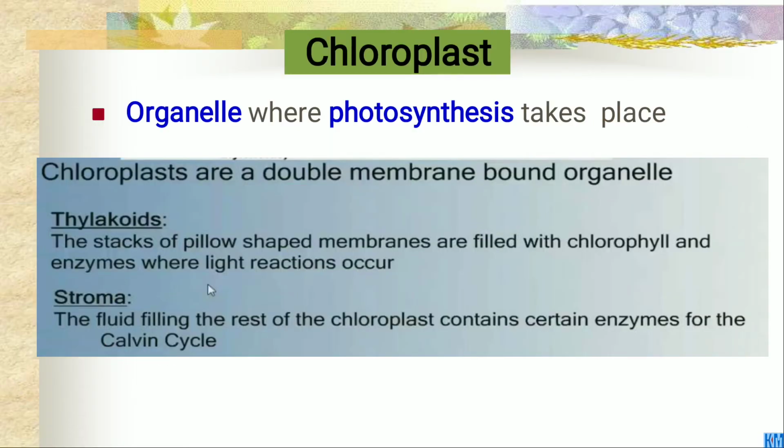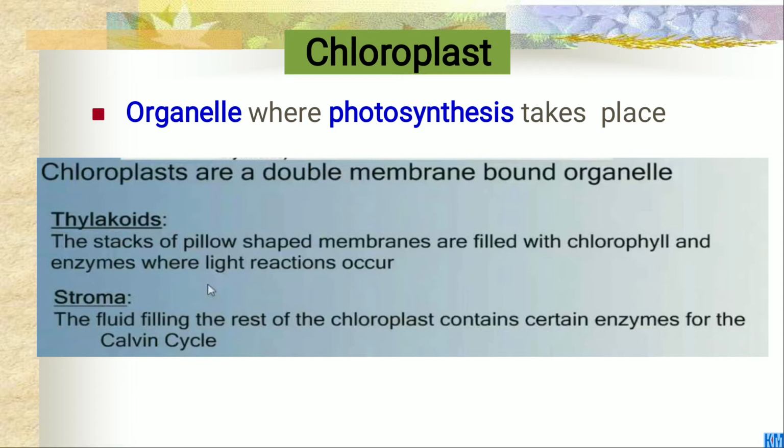Then what is the chloroplast? Chloroplast is the organelle where photosynthesis takes place. Chloroplasts are double membrane bound organelles in which some structures are present, like thylakoids.